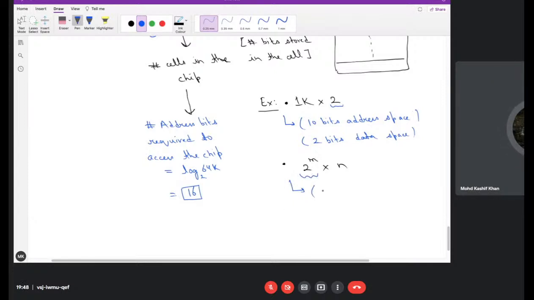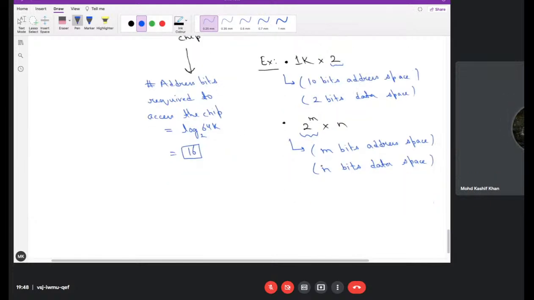The address space will be m bits, and in each location there will be n bits of data, so n bits data space. Okay, let's see one more way.